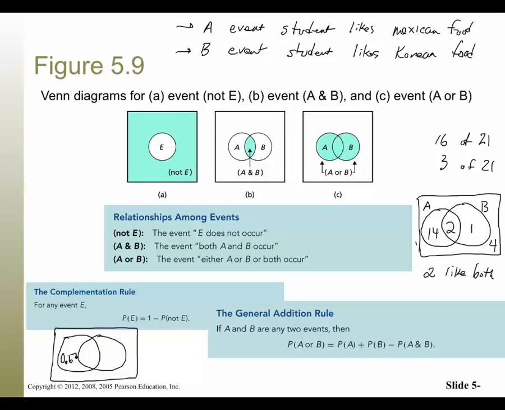Other ones, quick. 2 out of 21, 0.095. And this must be 0.19. Oh no, half of that, 0.047. And then this one would be 0.19. Is that right?